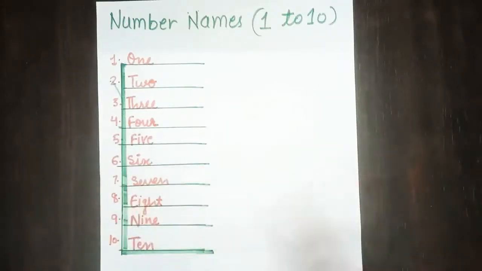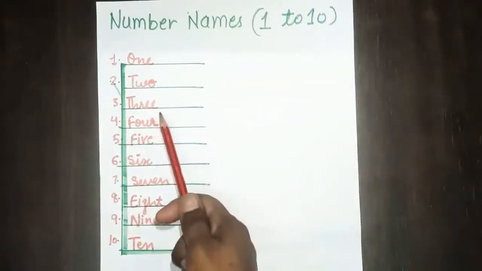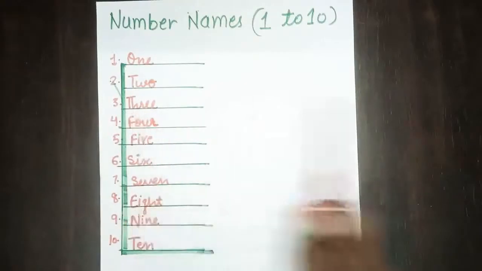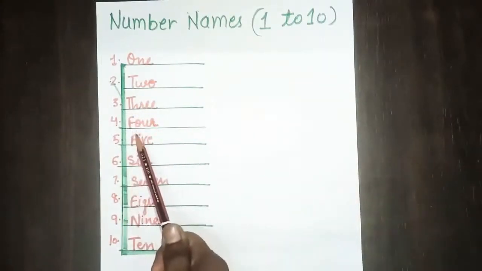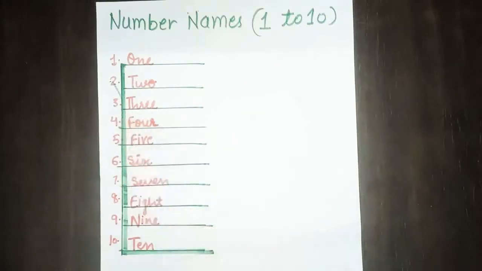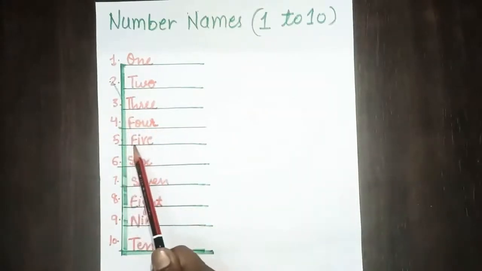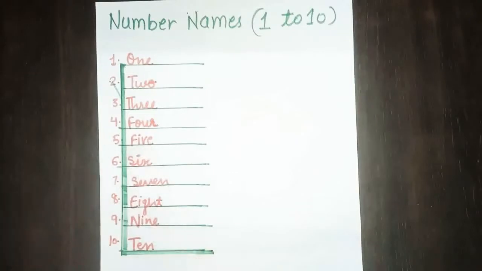O-N-E, 1. T-W-O, 2. T-H-R-E-E, 3. F-O-U-R, 4. F-I-V-E, 5. S-I-X, 6.